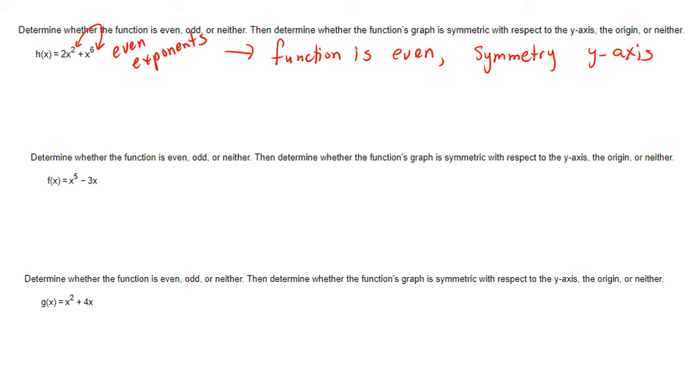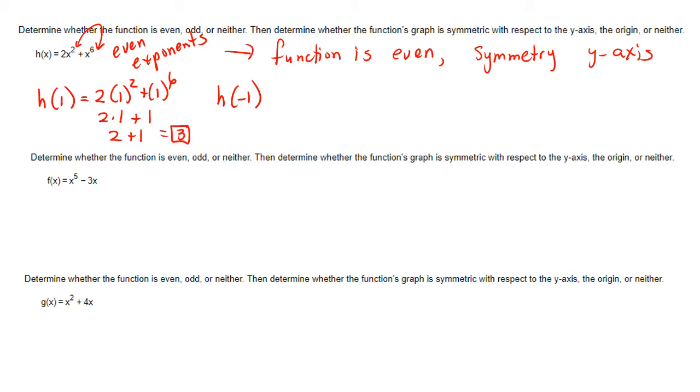Just to prove that fact, you could compare h of positive 1 and h of negative 1 to see what happens. H of positive 1 would be 2 times 1 squared plus 1 to the 6th, which is 2 times 1 plus 1, which is 2 plus 1, which is 3.